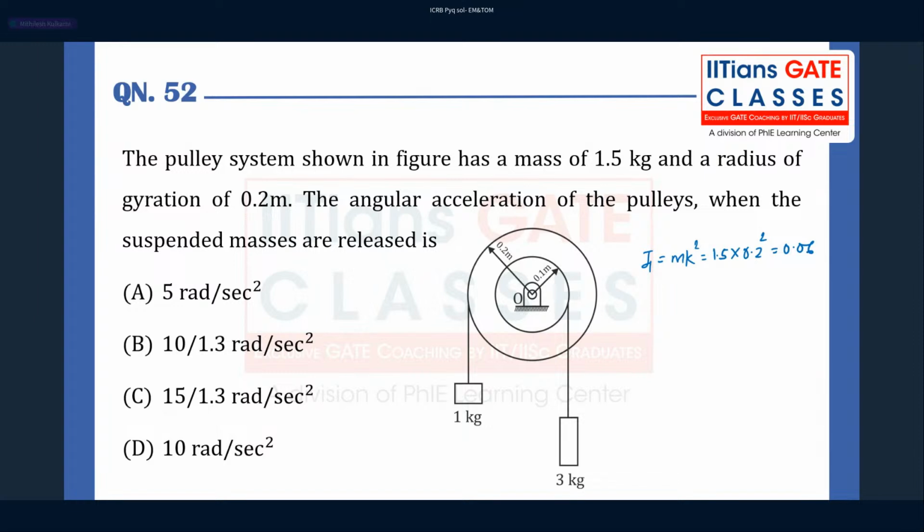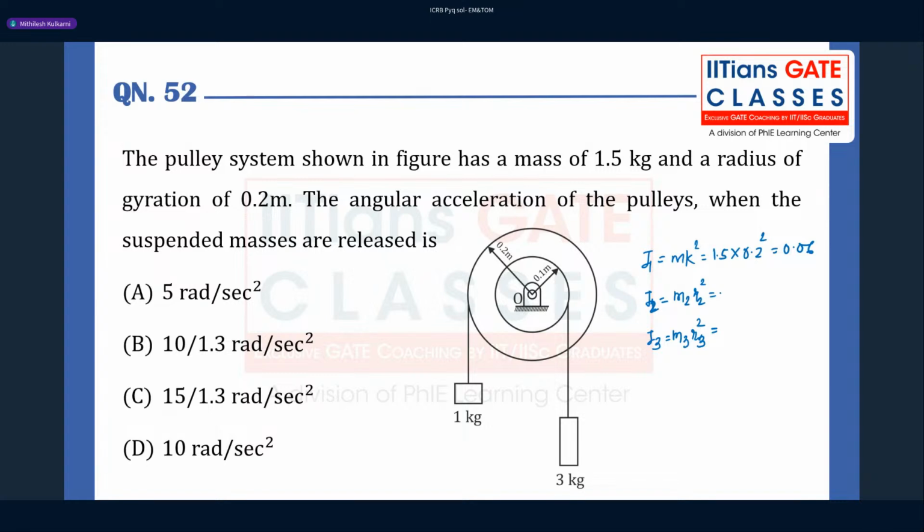However, there are two other masses attached to it, which are at different radii, 0.1 and 0.2. So that will also create a moment of inertia. Because of it, we have to consider I2, which is m2 r2 square, and I3, which will be m3 r3 square.